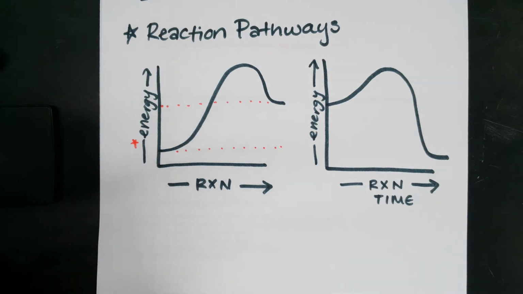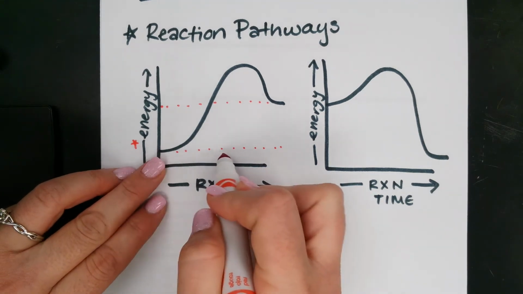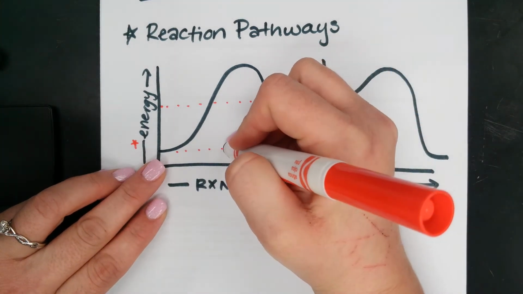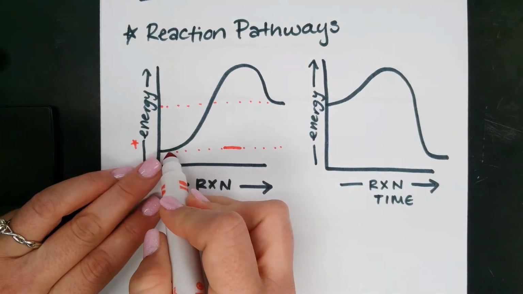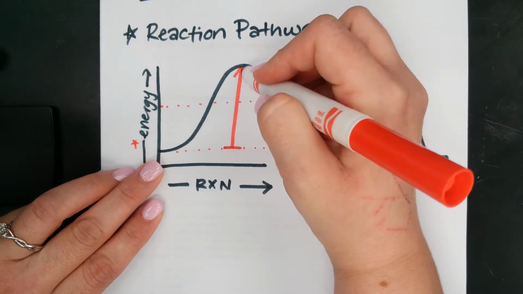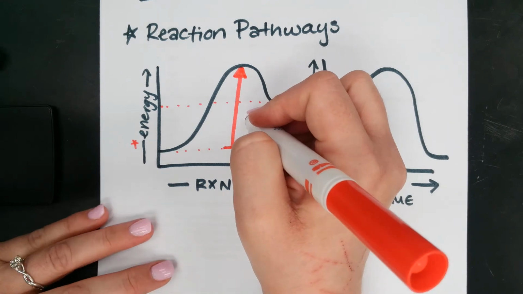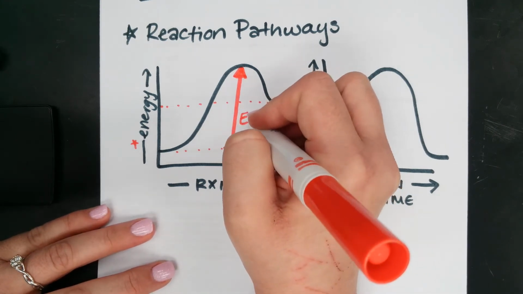These are the two most important parts of the reaction because this is going to tell you pretty much everything from beginning to end. All the way at the very bottom for this one, even with our starting point, all the way up to the very crest, the highest point of this graph, this is the activation energy, or E subscript A.